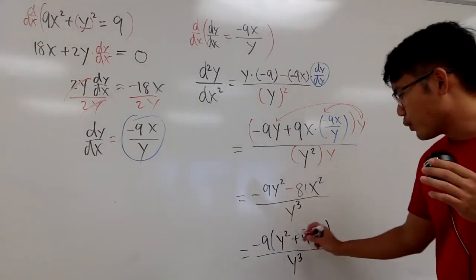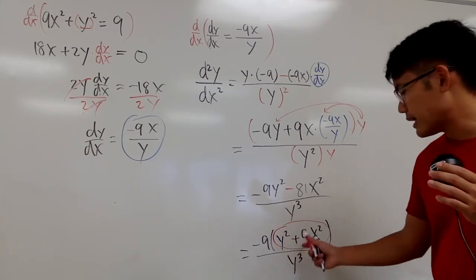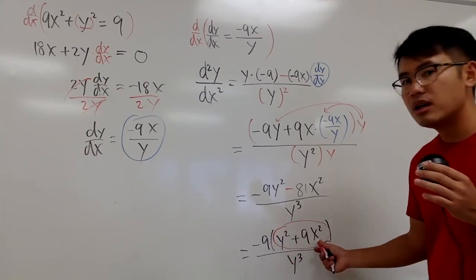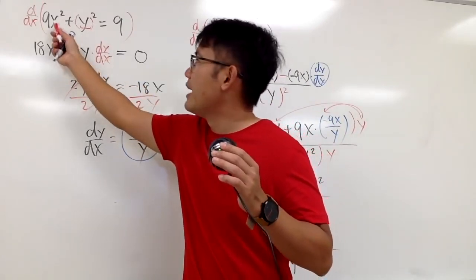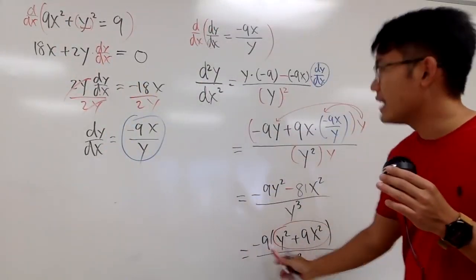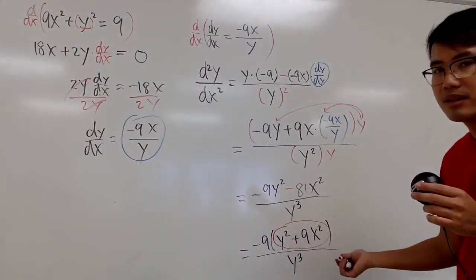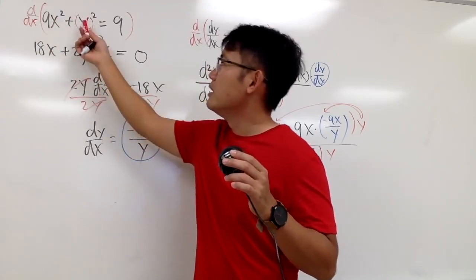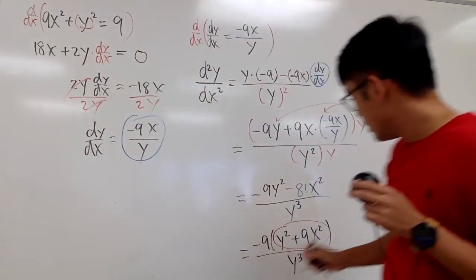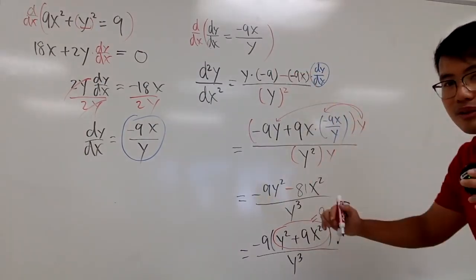When we do that, what is this? y squared plus 9x squared. It's in fact the original, you see, 9x squared plus y squared. And of course, when you add, the order doesn't matter. So from the original, you see, this right here is nothing but just 9. So this right here is just equal to 9 from the original.